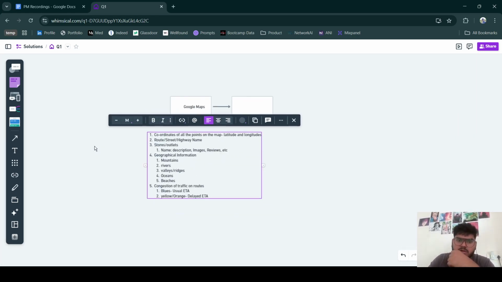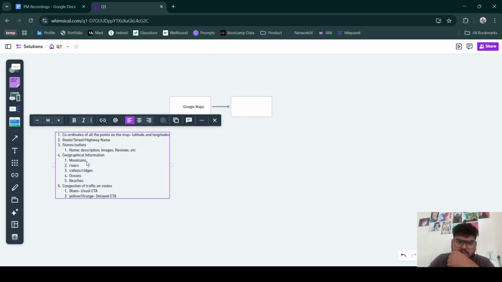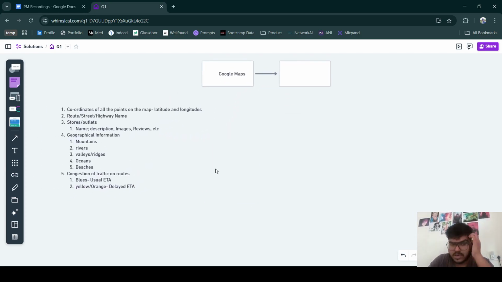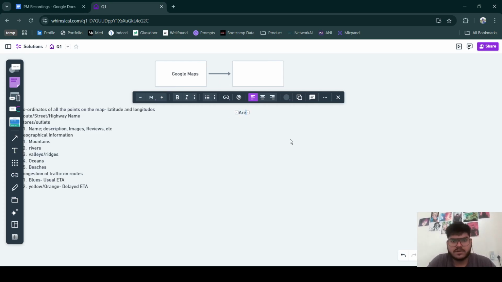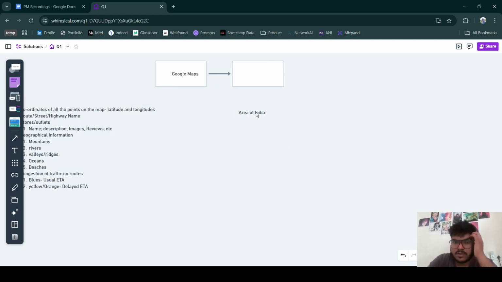Okay, so after considering this, let's say I don't have the data about the area of the India map. If I have to calculate the area of India, I don't have that data.